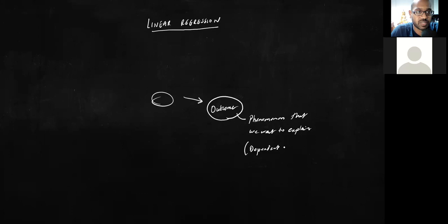We have a number of other names we can give to it. We can refer to it as an outcome or the explained variable, and there are other terminologies that you can use. Most importantly, that's what we want to explain, and we can go further and say that's what we want to predict.